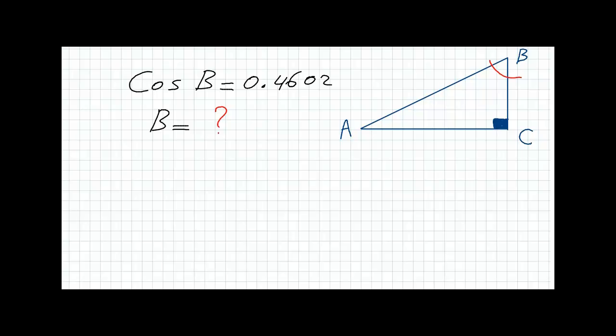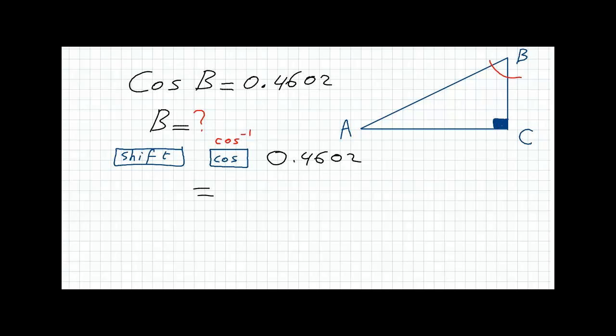You press the shift button and then the cosine button, which has written over it cosine to the power -1, meaning the inverse of cosine. Then you insert the cosine value given in the question, and the calculator will give you the measurement of angle B, which is equal to 62.6 rounded to the nearest tenth of a degree.